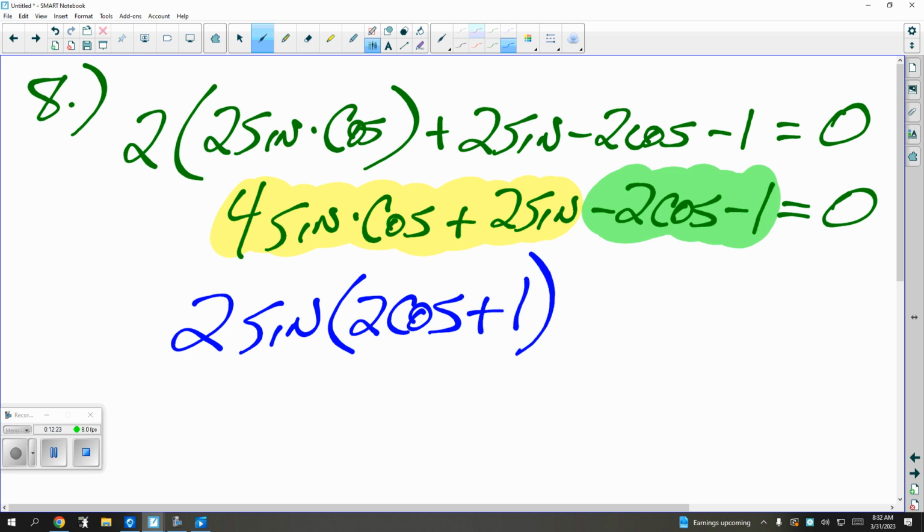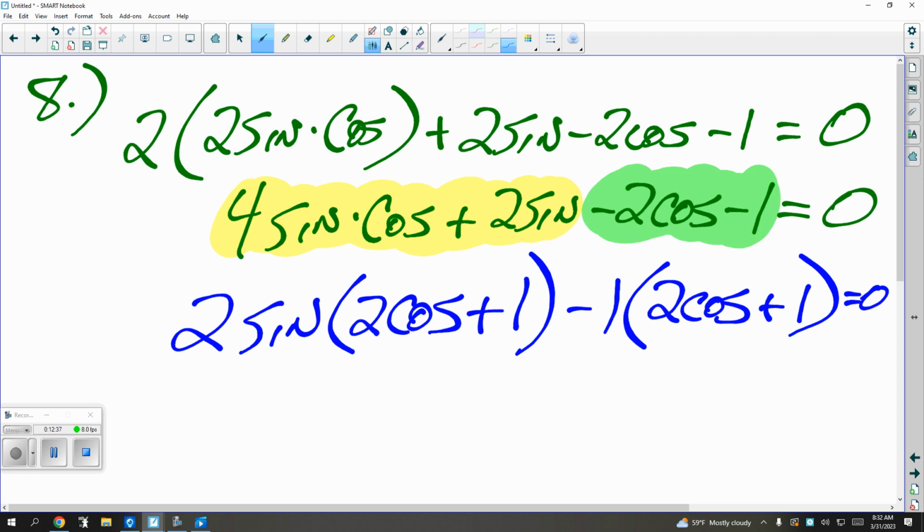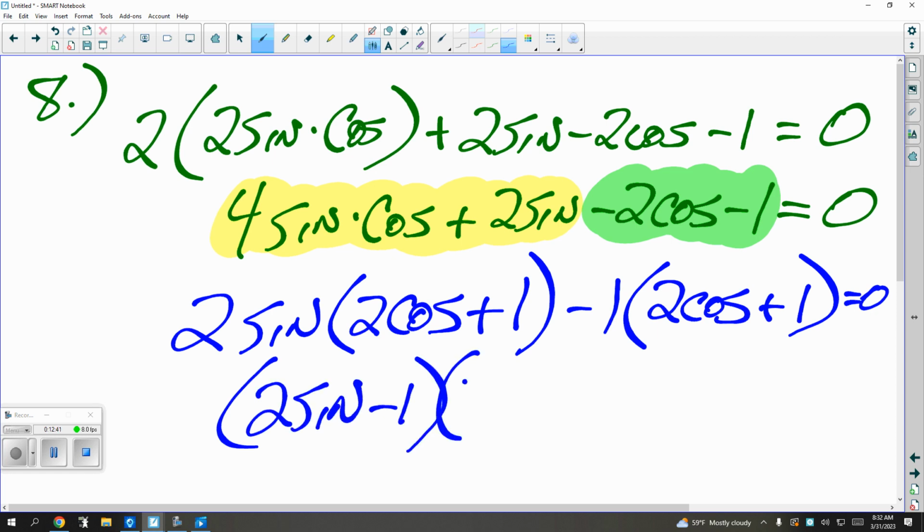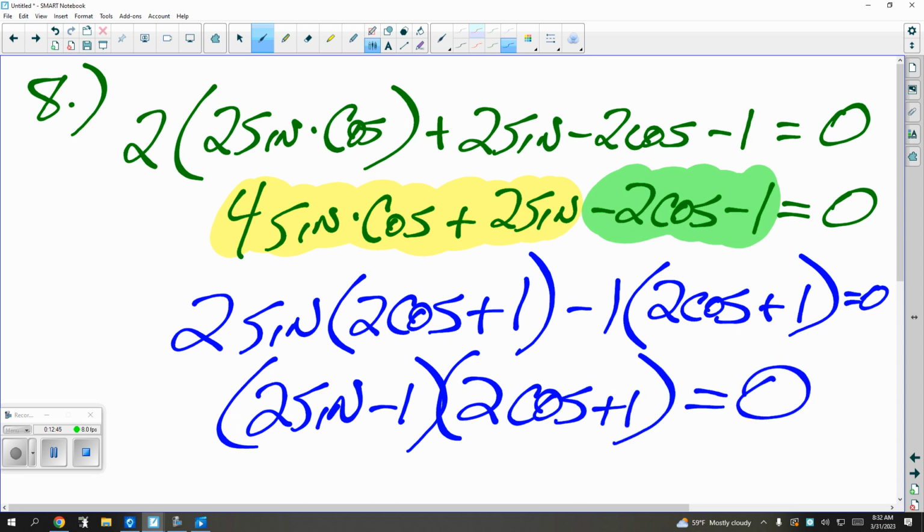Now what? Take out a negative 1, and that's going to leave me a 2 and a cosine and a plus 1. Oh, yippee skippy. So then it's 2 sine minus 1, and then 2 cosine plus 1 equals 0. I love that. Love that.